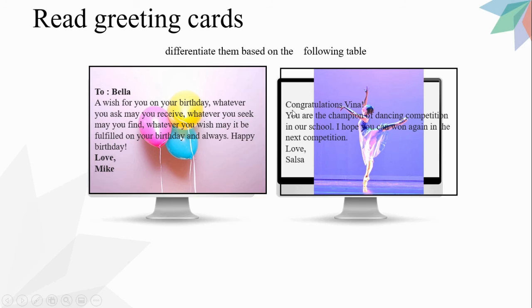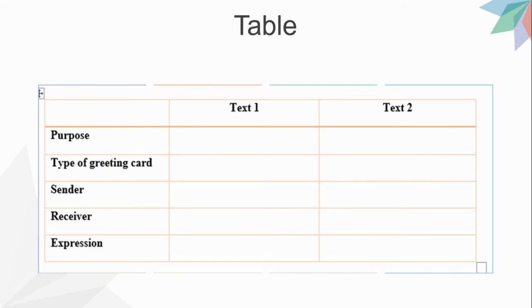So we provide two types of greeting cards, and then we ask the students. We use a graphic organizer here. Based on the graphic organizer, we can ask the students to differentiate between text 1 and text 2.